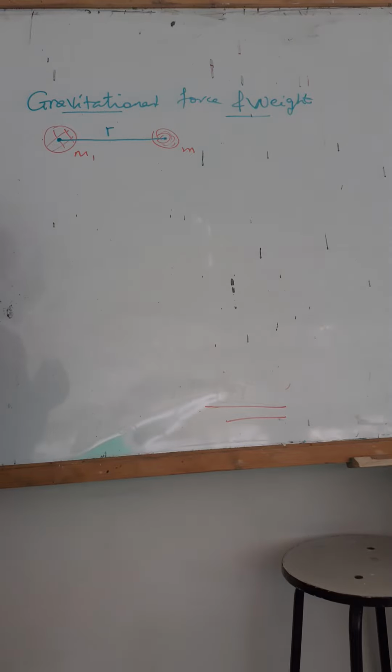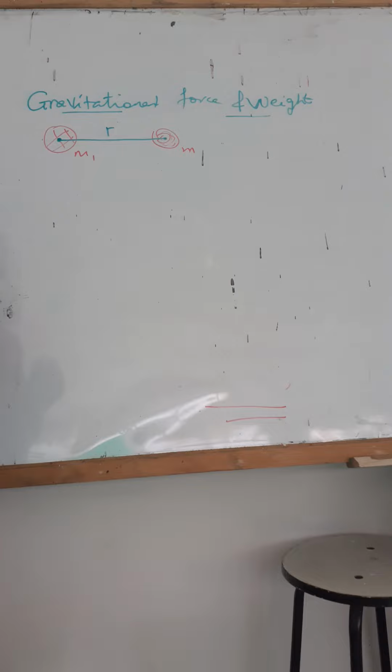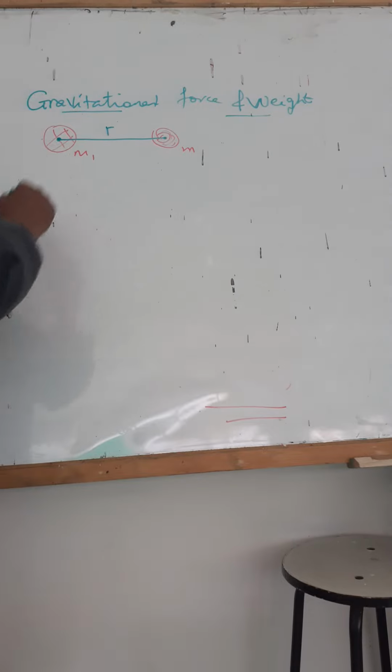So the force of attraction, as Newton's universal law of gravitation states, is directly proportional to the product of the masses and inversely proportional to the square of the separation. It is an inverse square law.